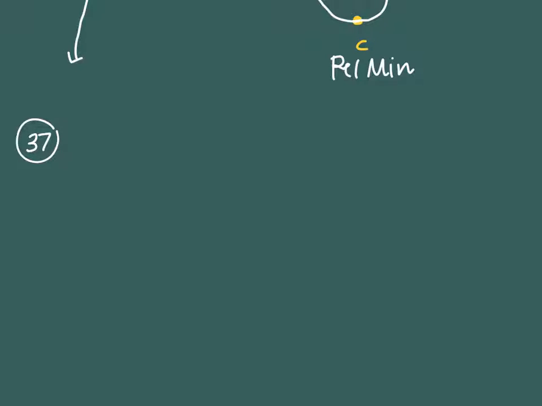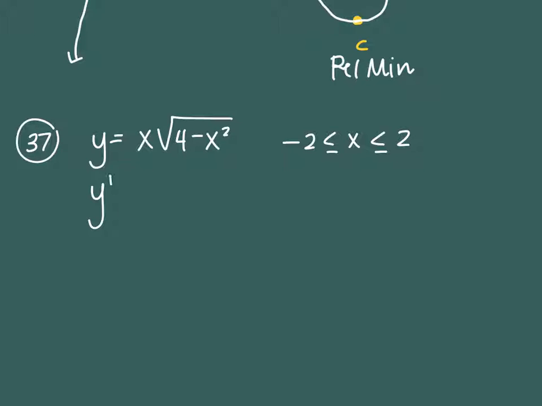We know that in 37, the question itself was x times the square root of 4 minus x squared. The domain on that is -2 up to +2. We found the first derivative to be (4 minus 2x squared) over the square root of 4 minus x squared.